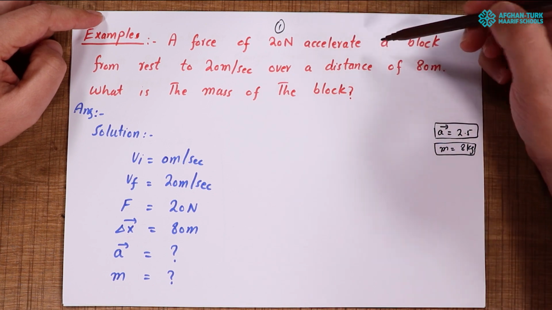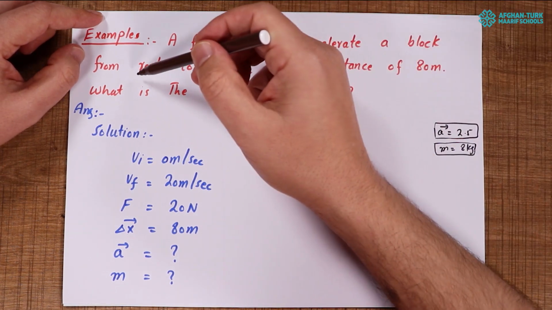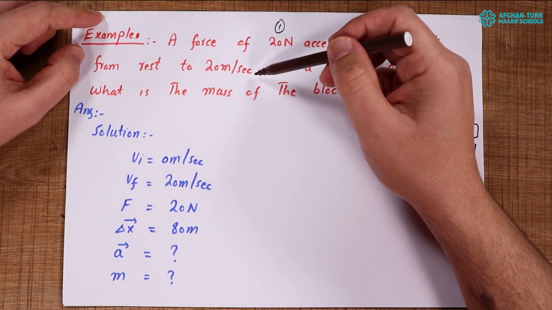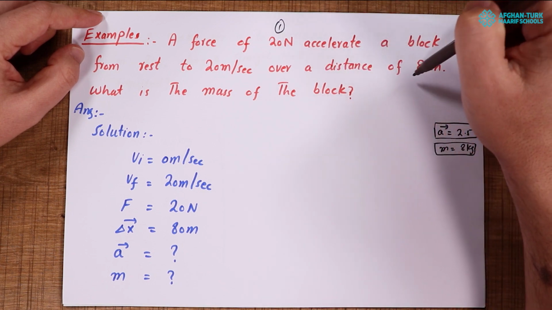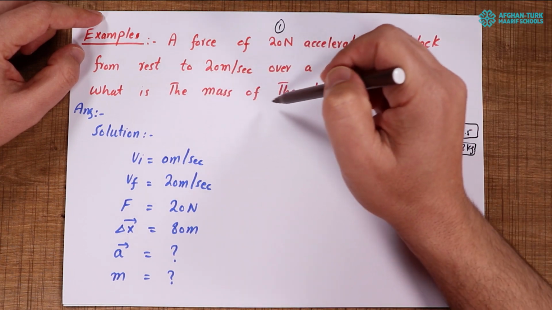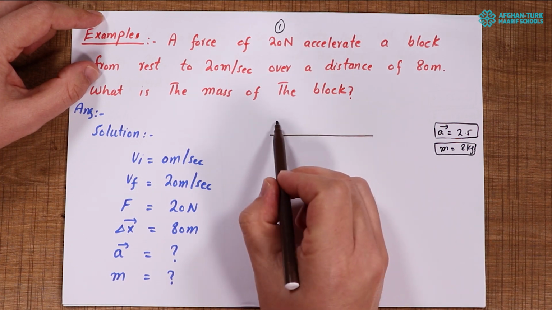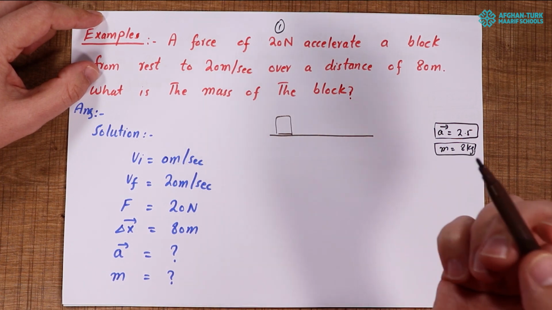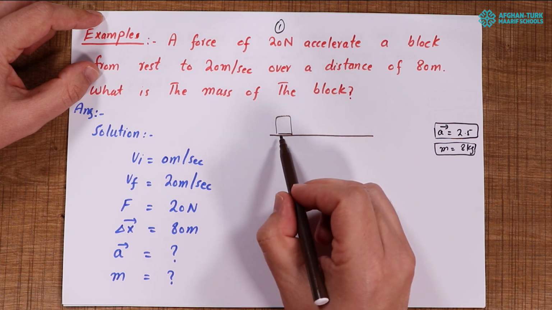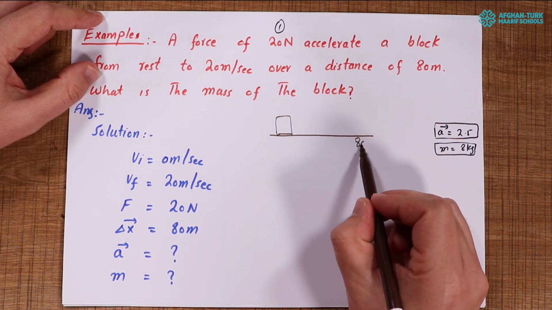A force of 20 Newton accelerates a block from rest to 20 meter per second over a distance of 80 meter. What is the mass of the block? For example, here is one block of mass. It covered the distance 80 meter.